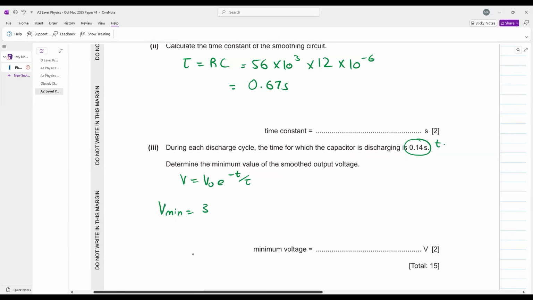What is the maximum? V naught is 34, e to the power minus t, t की क्या वैल्यू है? 0.14. टाउ की क्या वैल्यू है? 0.67. Plug and play in the calculator. The answer comes out to be 28 volts. आगे बढ़ते हैं बेटा, सिंपली आगे बढ़ते हैं. चलो, let's move on to the next question.